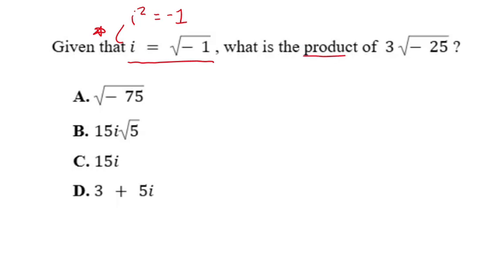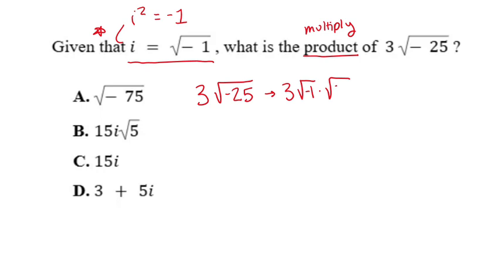So moving on to our problem, they're asking us for the product of 3 times the square root of -25. So product means multiply. And whenever we have a negative under the square root, we can pull that negative out by separating square root of -1 from whatever other number is remaining here.